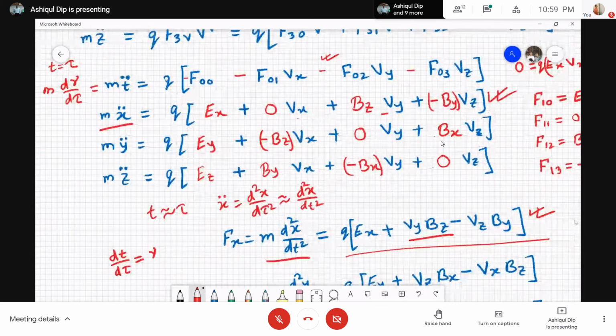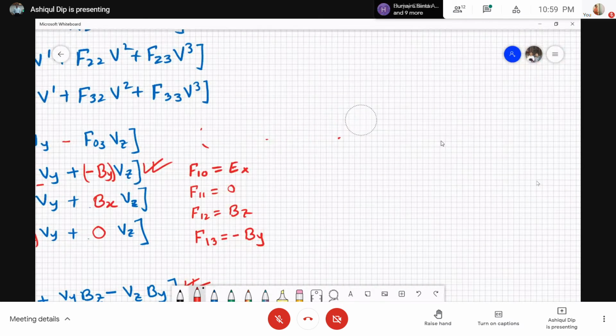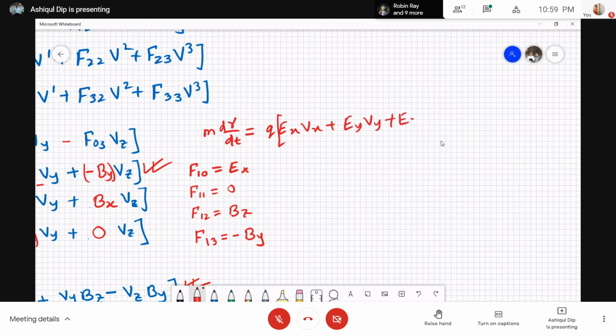But here we have m d gamma over dt equals q Ex vx plus, or I can factor out q, Ey vy plus Ez vz.